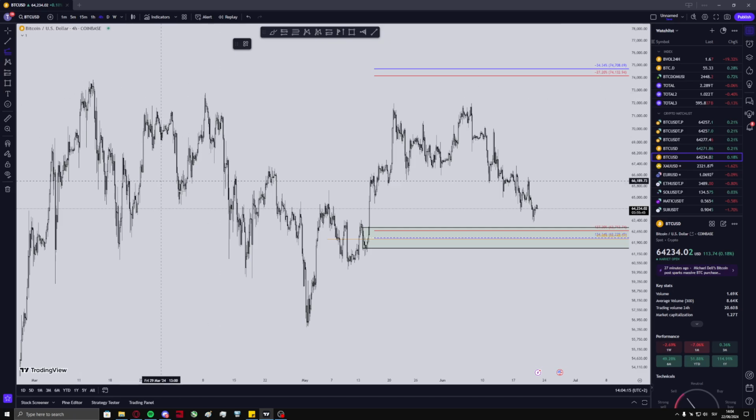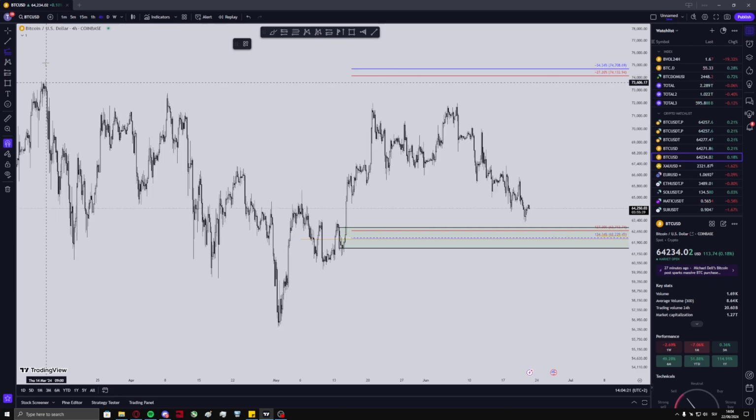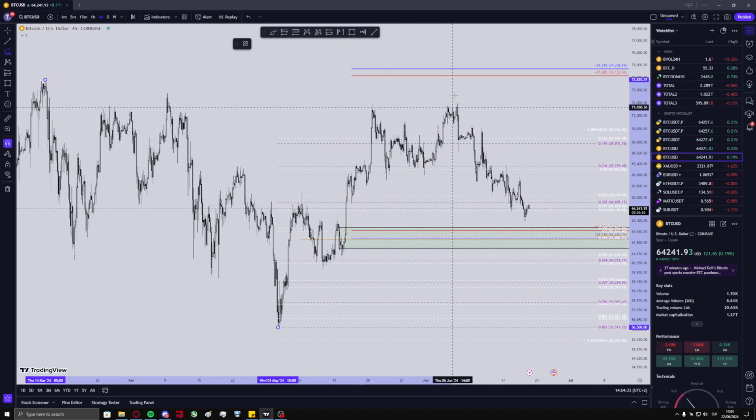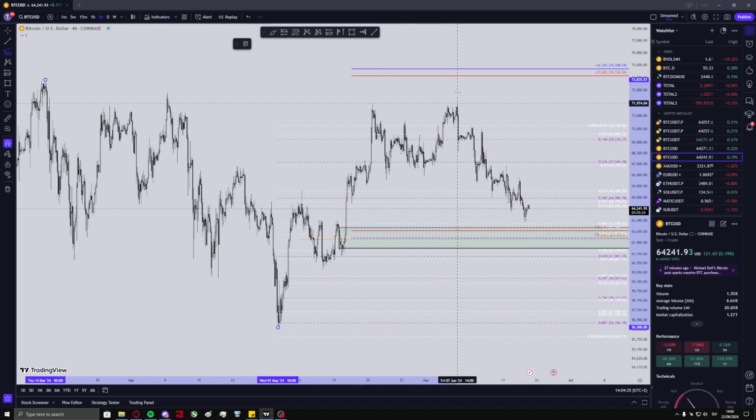You want to take a fib from the range high, the highest point of the range, which in this case will be the all-time high. We go from the high down to the low, take the low, and back up to the current high. So this was here.